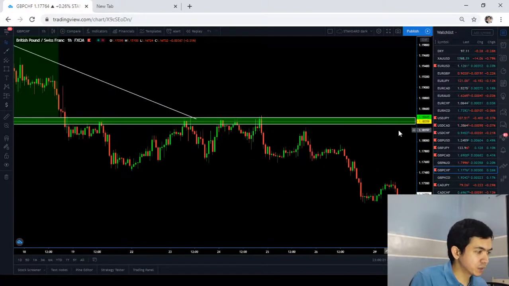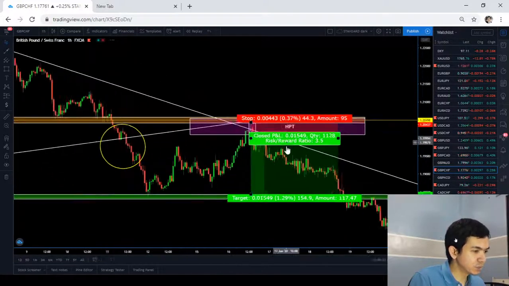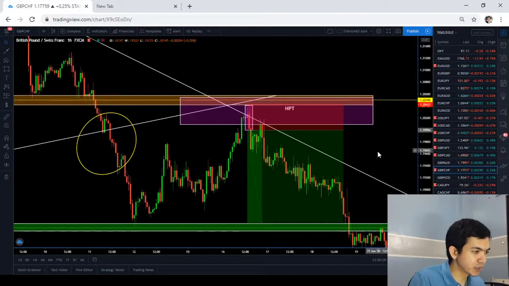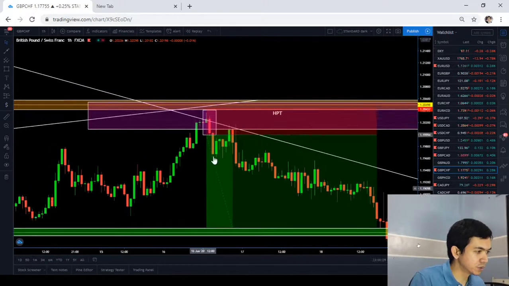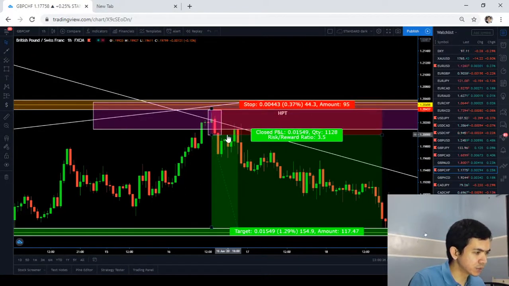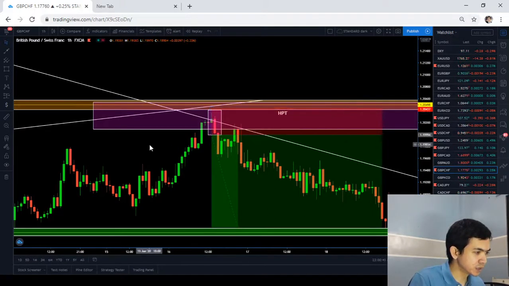Nag-react dun yung price. Then, I look for an opportunity as a confirmation through the candles formation. Okay? Through the candles formed. Okay? So, there's a pattern called engulfing candle which implies na bababa yung market. So, I place the trade right after the next candle and stop loss just above the structure.